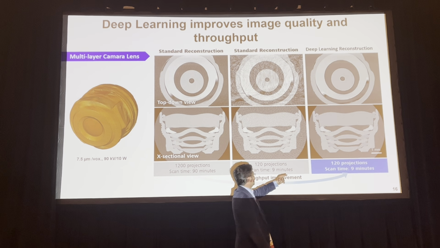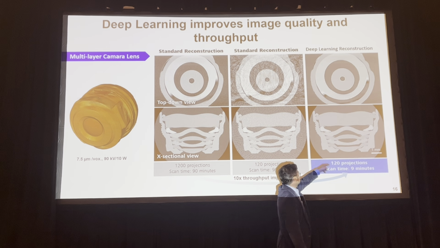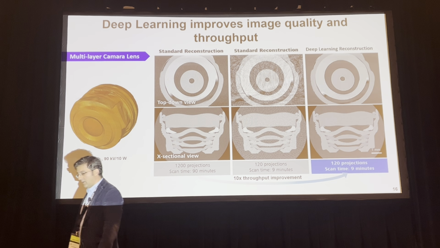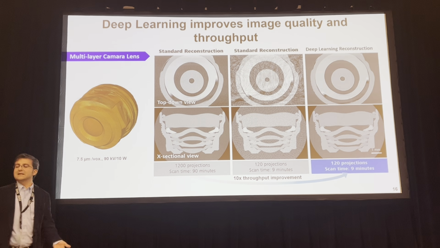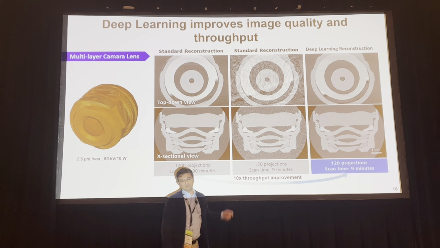If you do now the deep learning reconstruction, then we will have this type of data in 9 minutes and with only hundreds of projections. We don't need to do any more thousands of projections. We can go down to hundreds, and in this case we got a 10x throughput improvement.